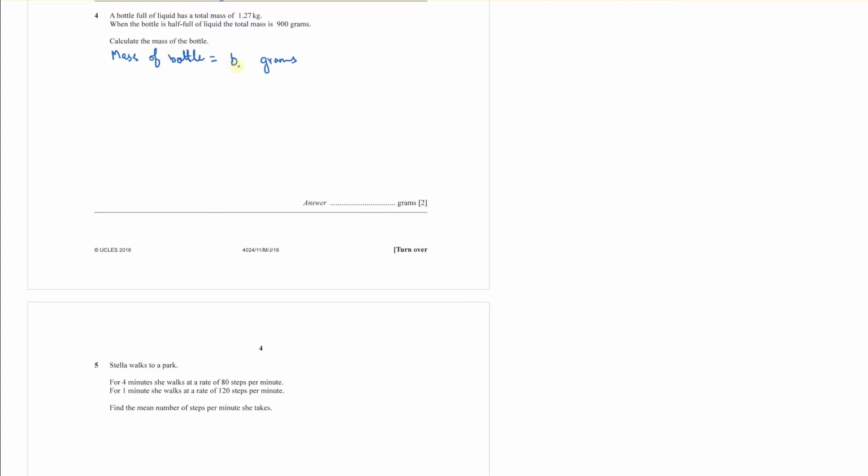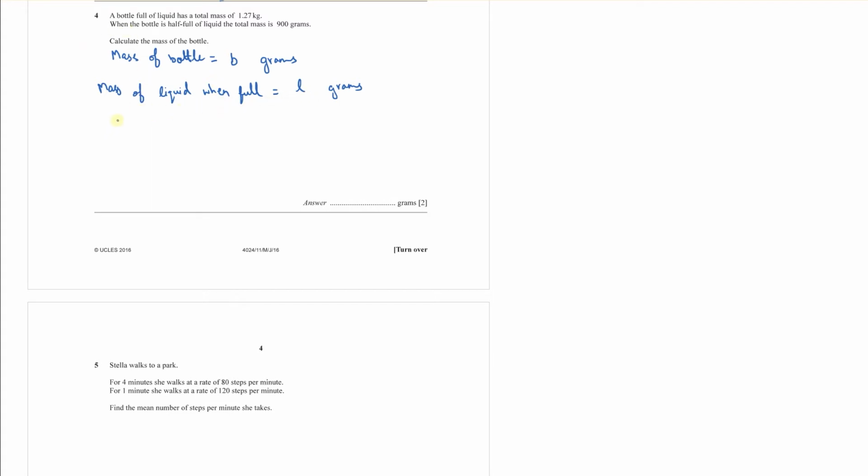So the mass of the bottle is B grams, and let's say the mass of liquid when full is L grams.